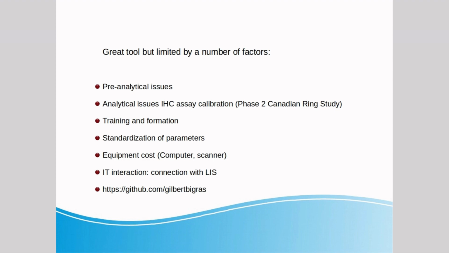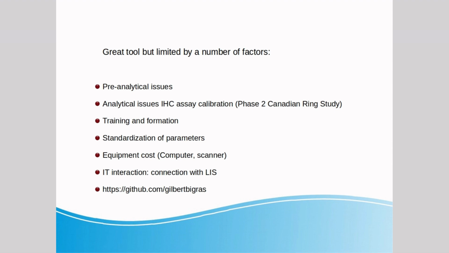We also deal with analytical issues. We need to calibrate the IHC assay to deliver the same type of information using, for instance, calibrator. And this is one of the goals of the phase 2 Canadian ring study, to increase the robustness of interlab IHC assays of KI67.